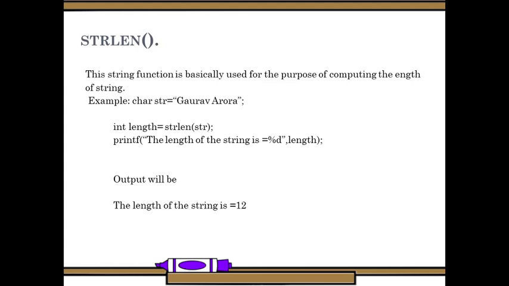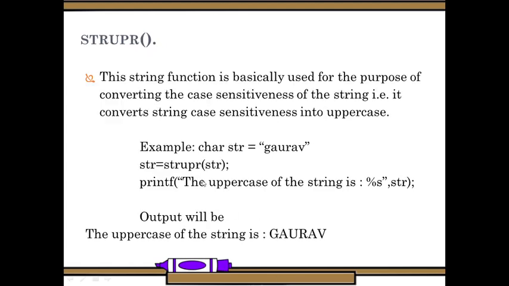The str consists of this string. In that, 1, 2, 3, 4, 5, 6, 7, 8, 9, 10, 11 characters, including this space, makes 12. So Gaurav Arora consists of 12 characters. It displays that with string length.